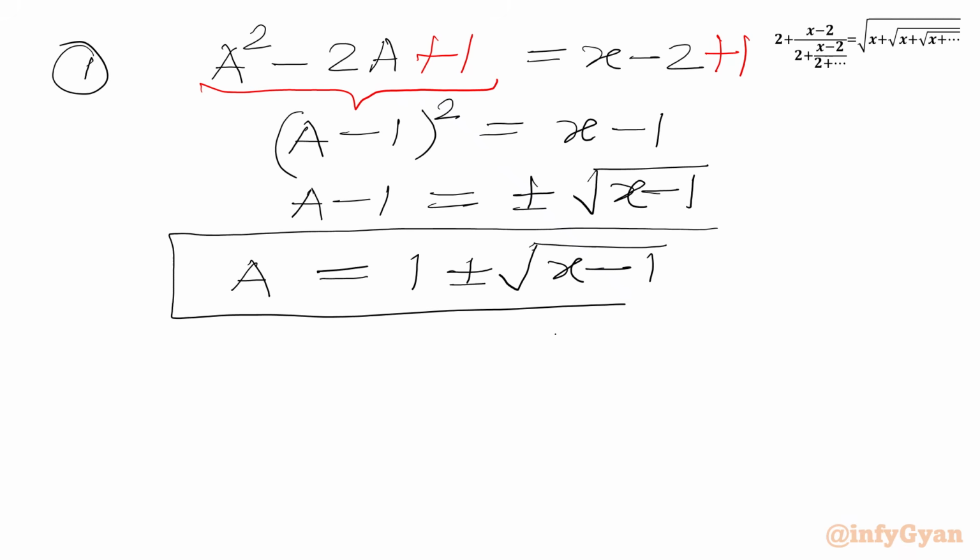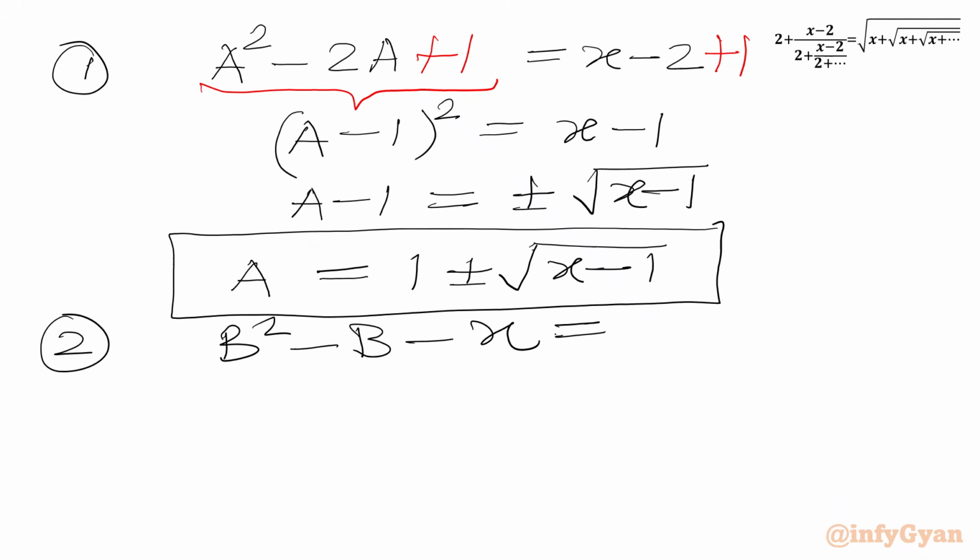This is A. Now we will take up the second quadratic equation, B square minus B minus x equal to 0. Let me write here the values of a, b and c. So a is 1, b is minus 1 and c is minus x. Now we are going to use the quadratic formula.